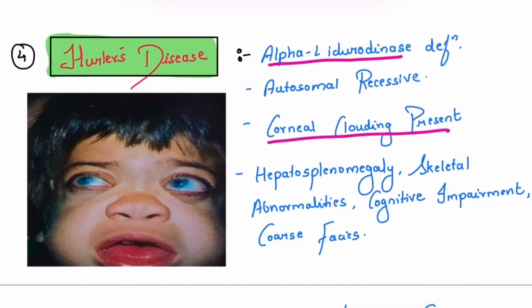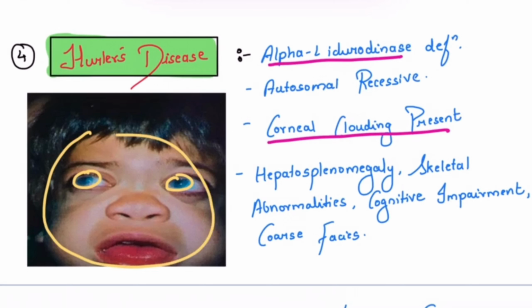See the eyes, there is clouding present, and also the face is kind of coarse. So it is very easy to understand. Also remember alpha-L-iduronidase deficiency is seen.